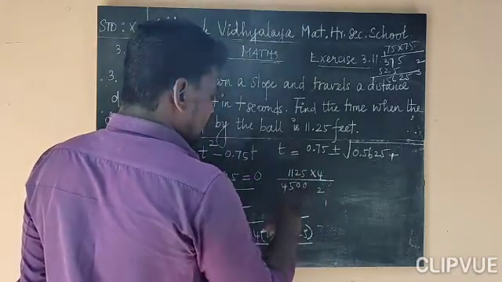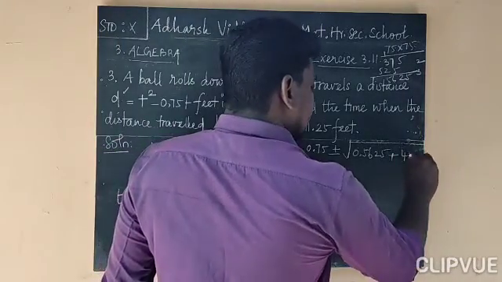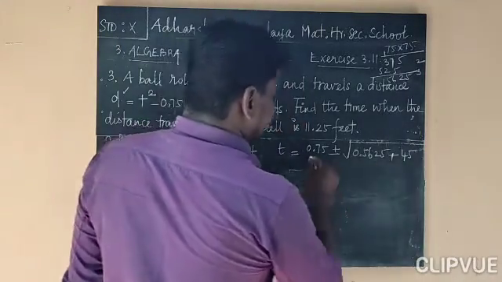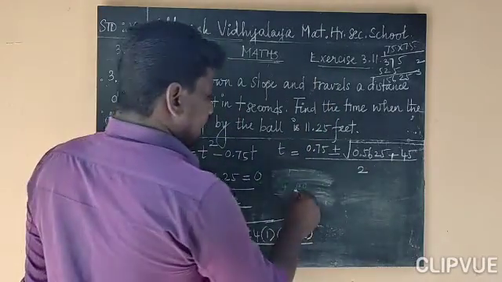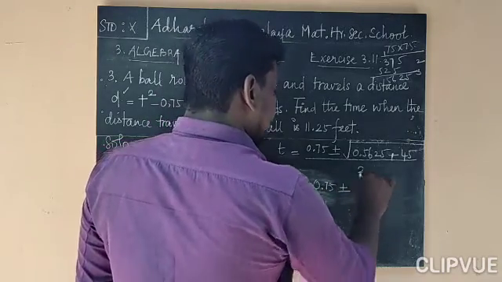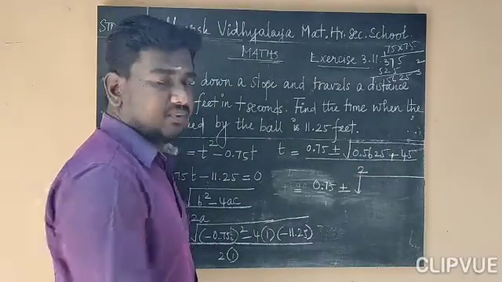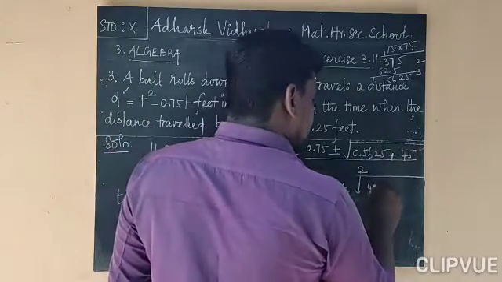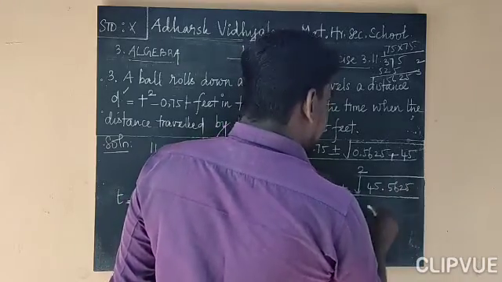So 0.20, so it becomes 45, divided by this 2. So 0.75 plus or minus root of 0.5625 plus 45. So it can be written as 45.5625, whole divided by 2.